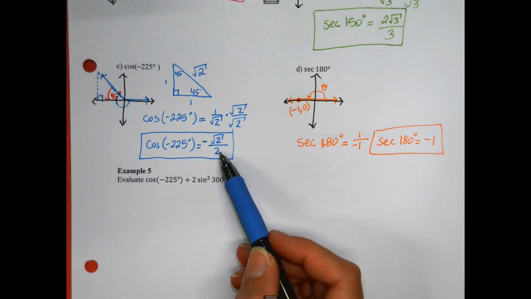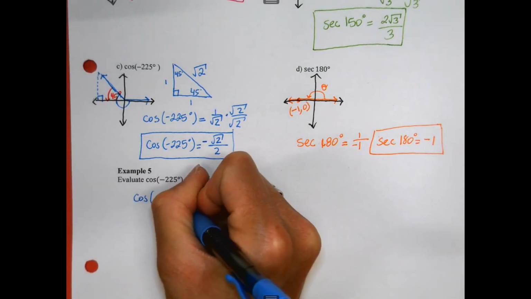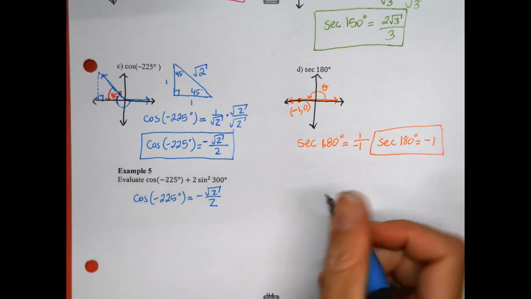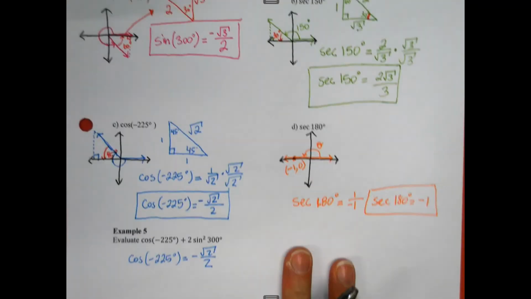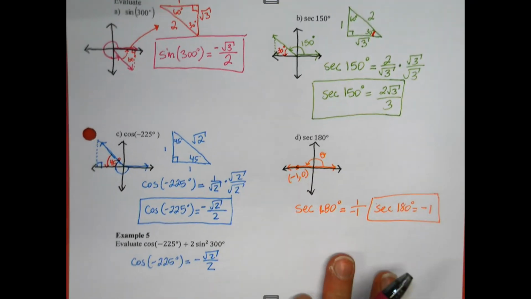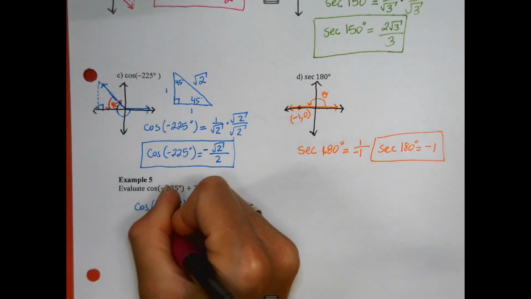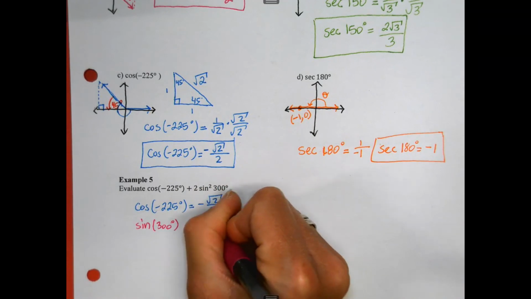We know that it is negative square root of 2 over 2. We also found the sine of 300. The sine of 300 was part A. The sine of 300 degrees is negative square root of 3 over 2.